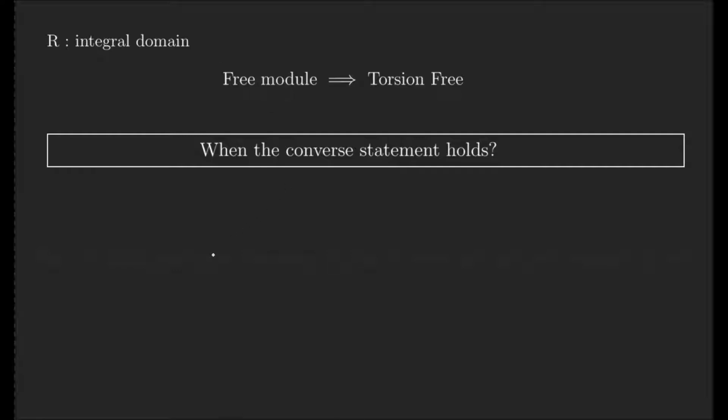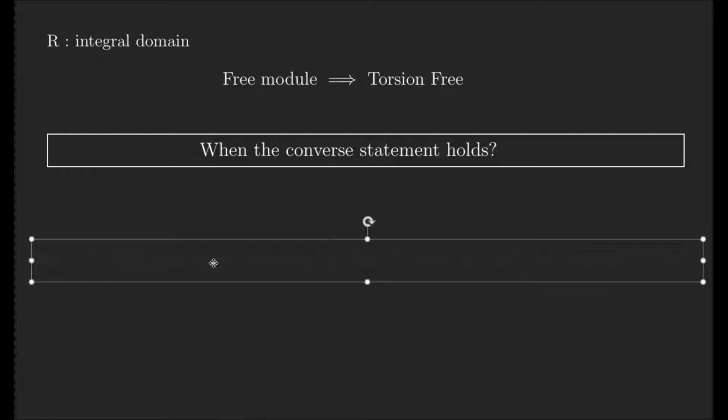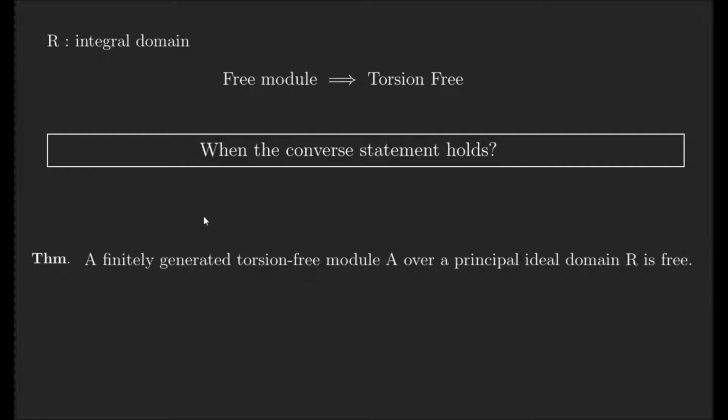The answer is a change of the ring condition and the change of the module condition. So when two conditions are changed, we can turn the converse statement into a true statement.